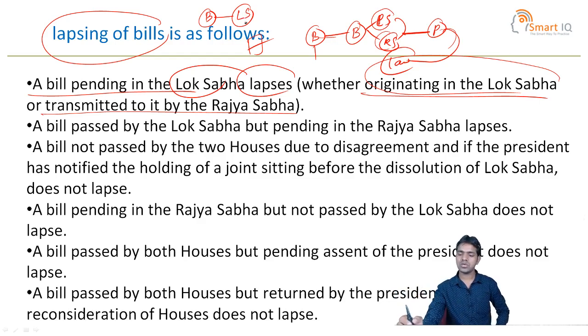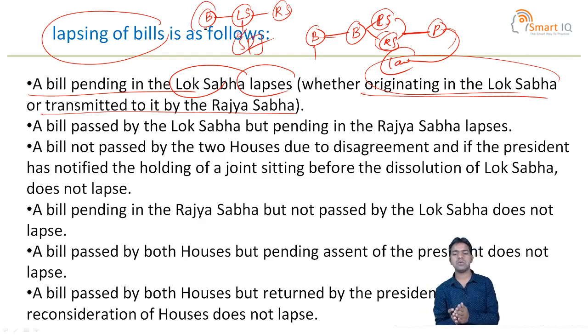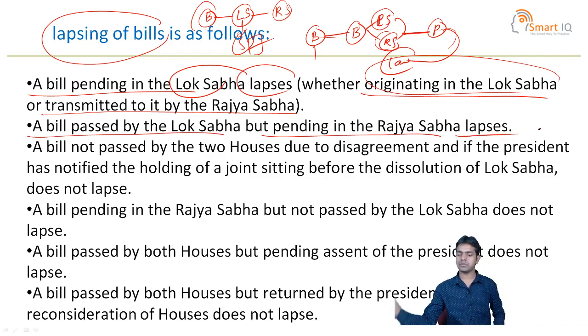The bill originated in the Lok Sabha and passed to the Rajya Sabha; whenever the Lok Sabha is dissolved, the bill lapses. The Lok Sabha-originated bill always lapses. And next, a bill passed by the Lok Sabha and pending in the Rajya Sabha also lapses. The same applies.